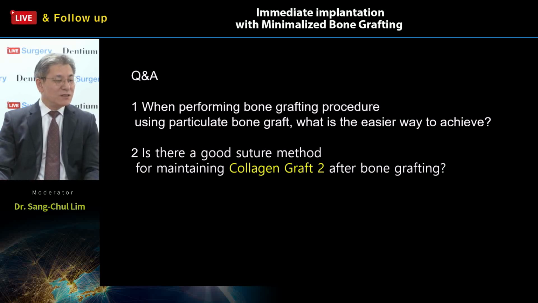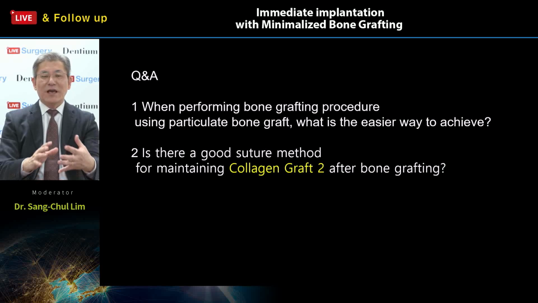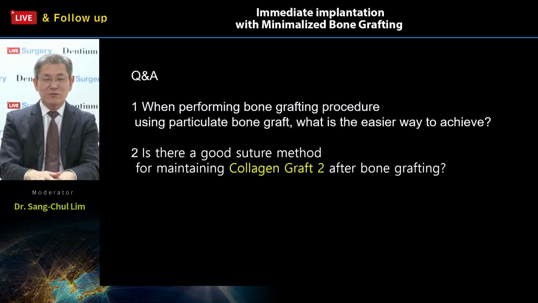And number 2, is there a good suture method for maintaining collagen graft 2 after bone grafting? Generally speaking, the ARP procedure, the alveolar ridge preservation procedure, is actually a staged approach. It means just putting the graft materials in the socket and coupling with collagen graft, collagen matrix.